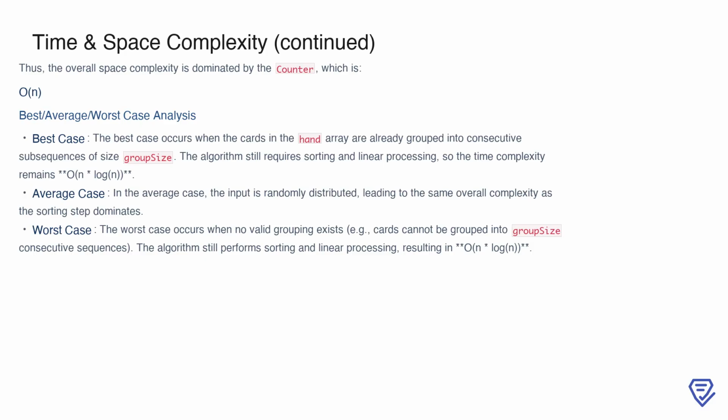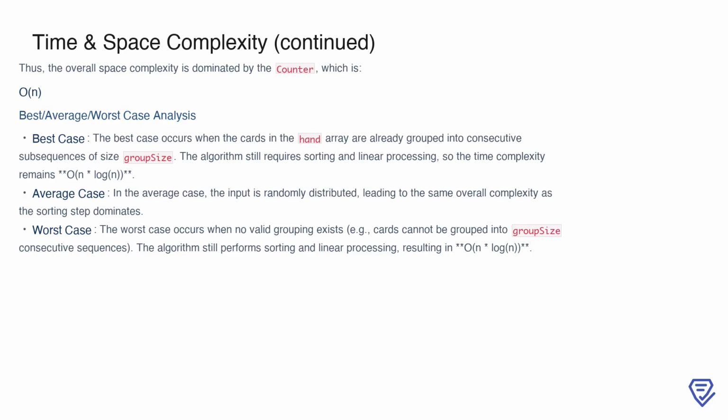Now, let's break down the best, average, and worst-case scenarios. In the best case, the cards in the hand array are already grouped into consecutive subsequences of group size. Even in this case, the algorithm must perform the sorting and linear processing steps, so the time complexity remains O(n log n).